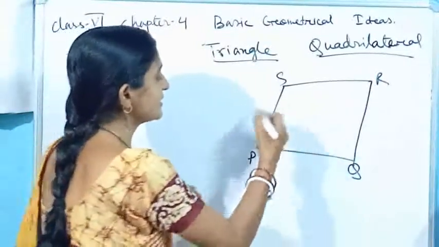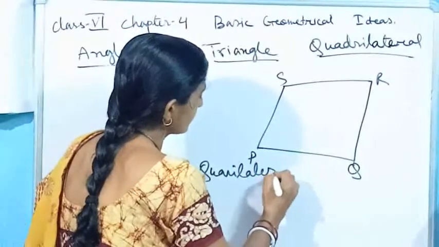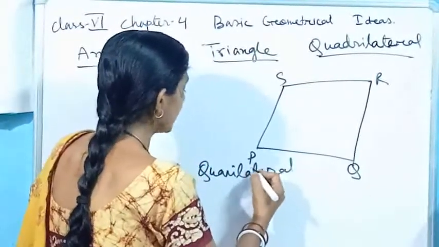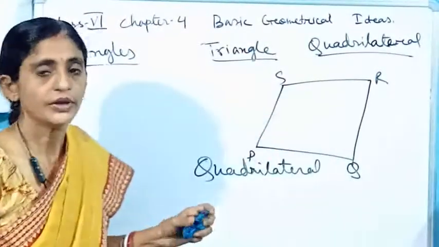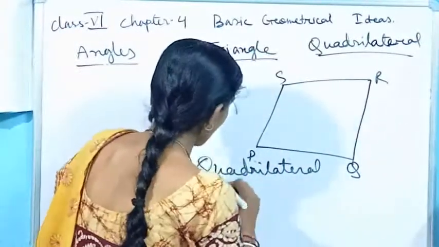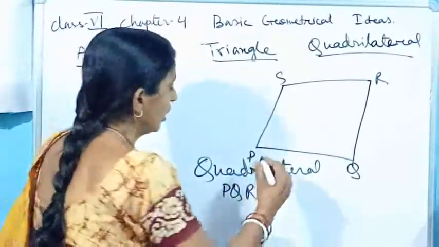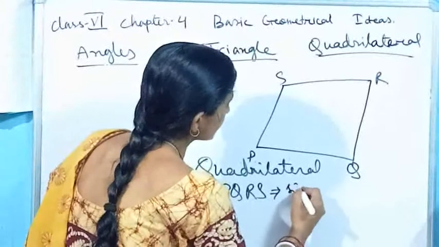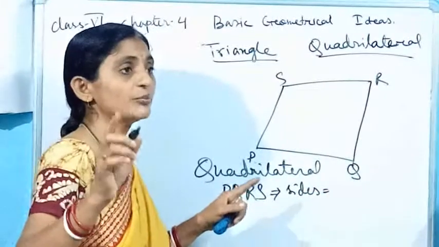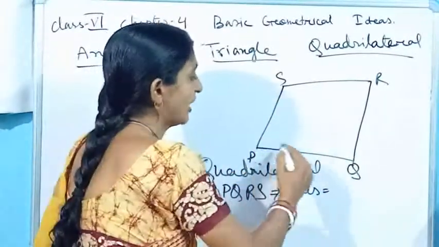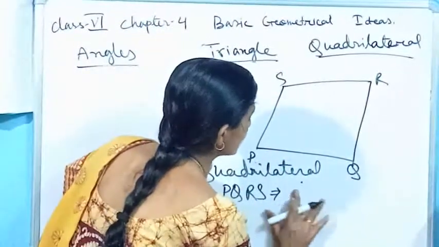What are the sides in this quadrilateral PQRS, the name I gave by these four letters? Let's present the sides, and I am going to write the adjacent ones first.